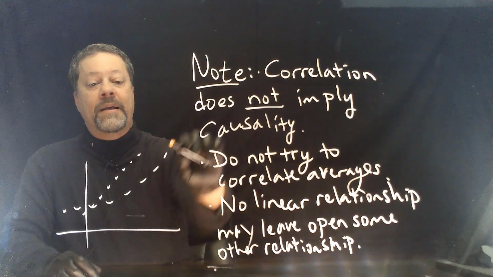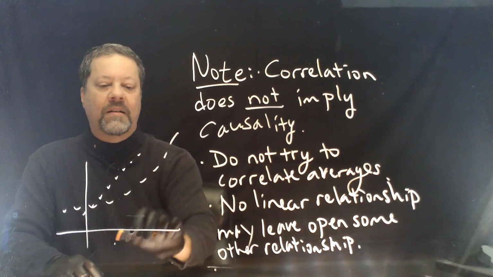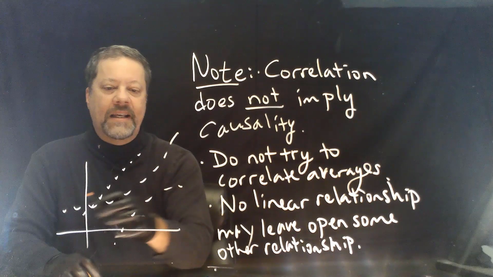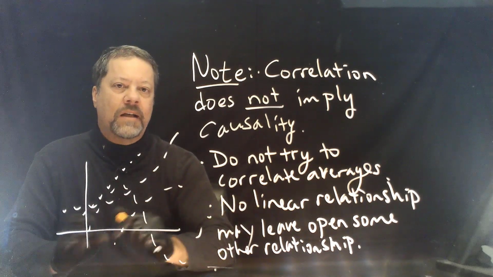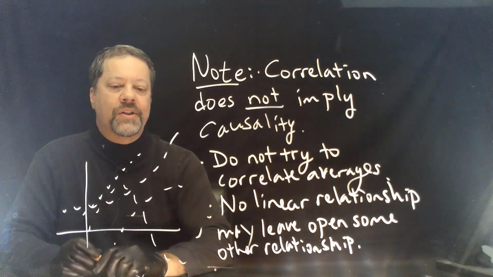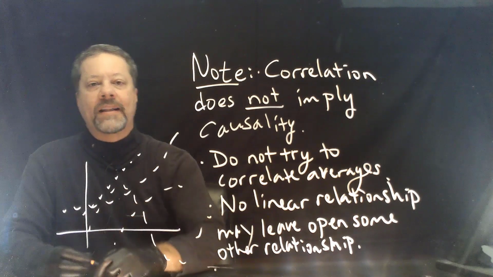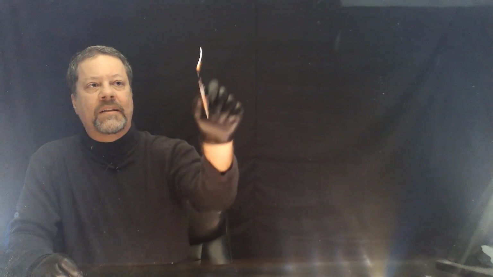The data may be exponential, it might be logarithmic, it could be any number of things, sinusoidal. So there are a lot of different possible sorts of relationships other than just a linear relationship. Before getting to the examples, I will also want to talk about linear regression.